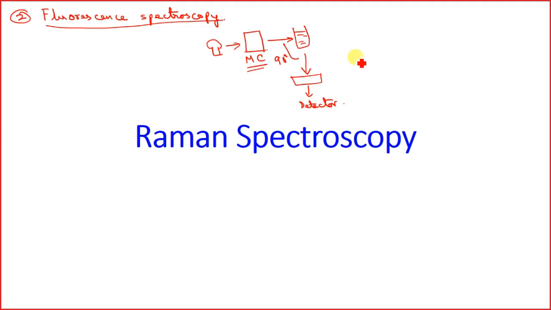Right, now why is this so? The thing is that when we have this light which is passing through, it is expected that the light passes in a straight line.